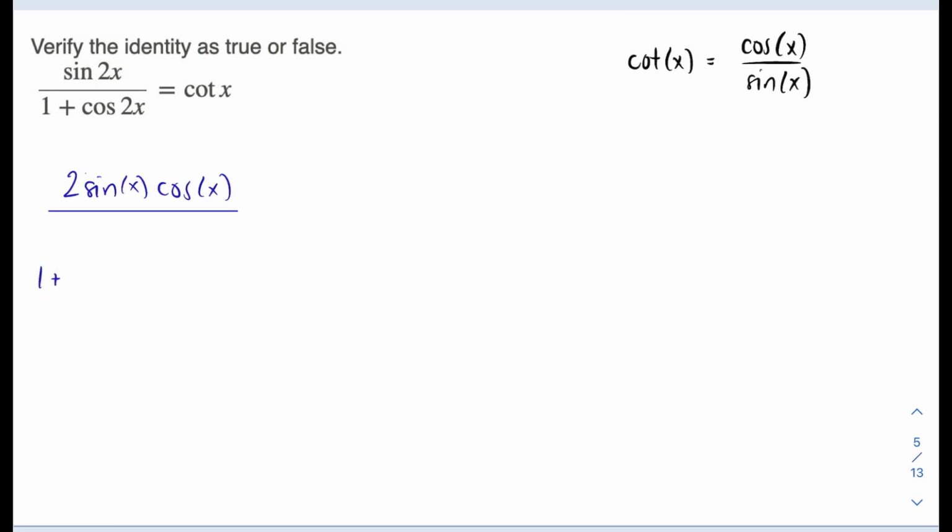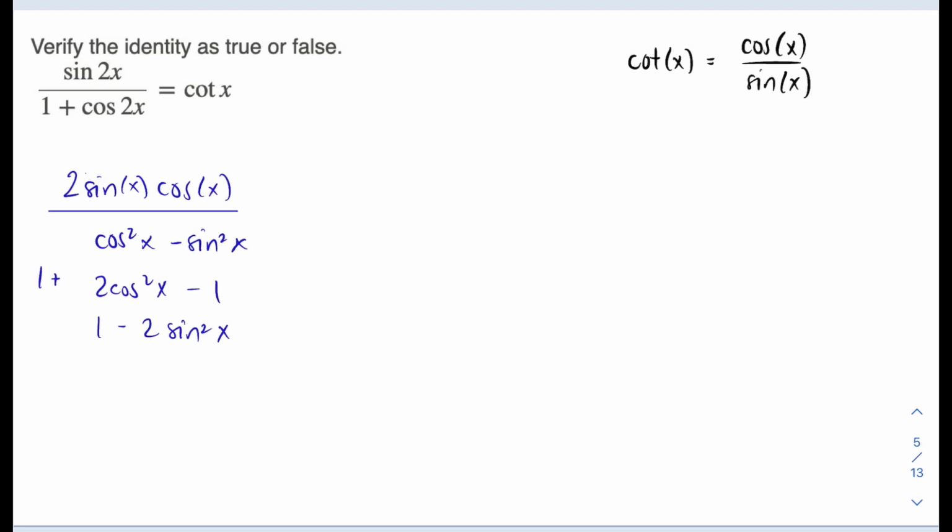We can do cosine squared of x minus sine squared of x. We could do 2 cosine squared of x minus 1, or 1 minus 2 sine squared of x. And all of these come from the Pythagorean identity.